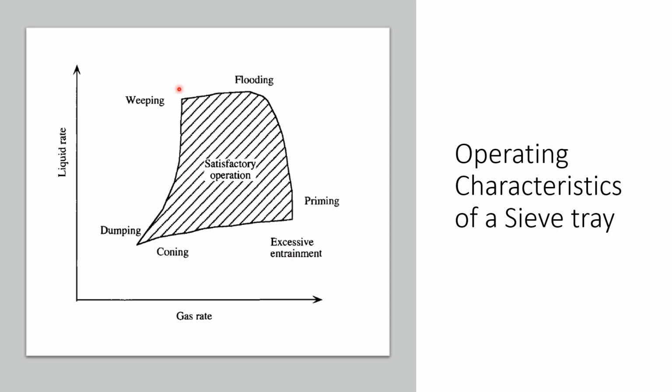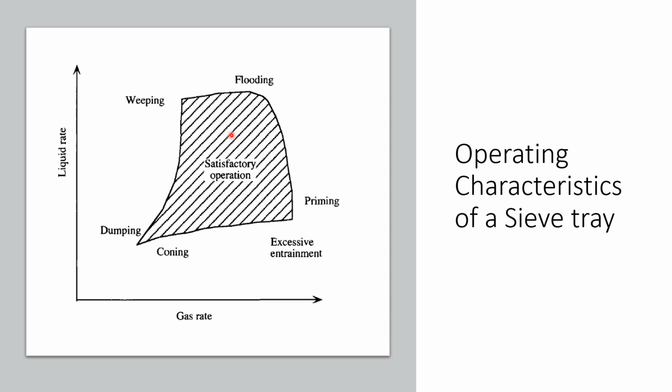We need to make sure that we don't have any weeping, liquid passing through the holes. And obviously we need to make sure that we don't have any dumping. Dumping is a worst case compared to weeping, where all the liquid is passing through the holes and nothing is going over the weir and through the downcomer area.